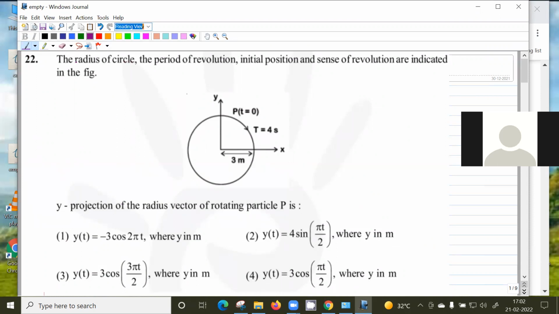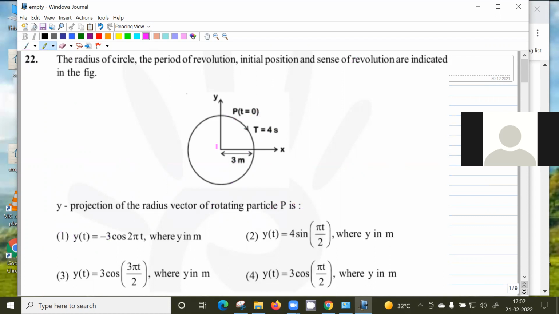See, the radius of the circle is given, no? It's 3 meters. The period of revolution is given as 4 seconds. Then the initial position and sense of revolution: it's rotating in the clockwise direction, at t equal to 0. This is the projection of y.